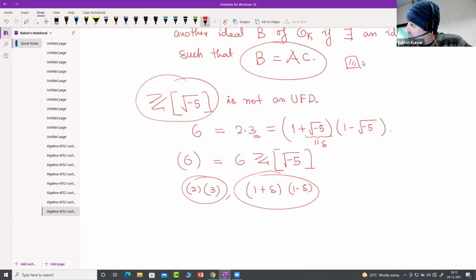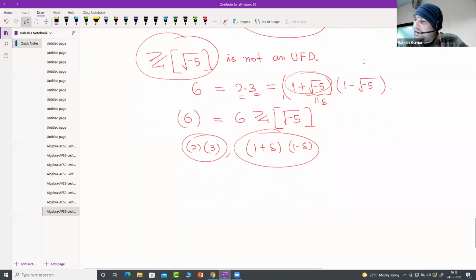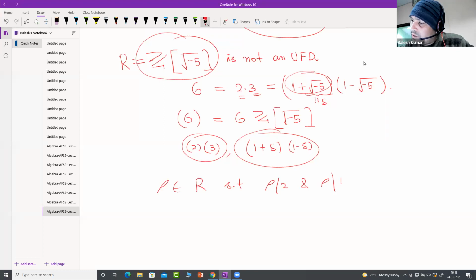The very naive intuition is that if I would like to write this principal ideal as a common product of ideals which takes care of both 2 as well as 1 plus square root of -5, then one needs to find an element rho in the ring R such that rho divides 2 and rho divides 1 plus delta. Yeah, we need to find a common element.